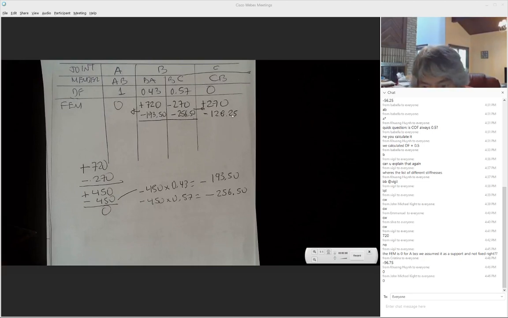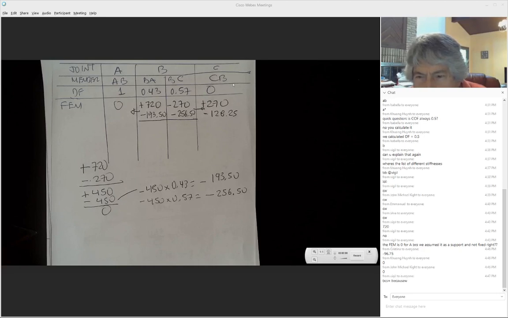Now, there's a question. The fixed moment is 0 for A. B, C, we assume is a support and not fixed, right?